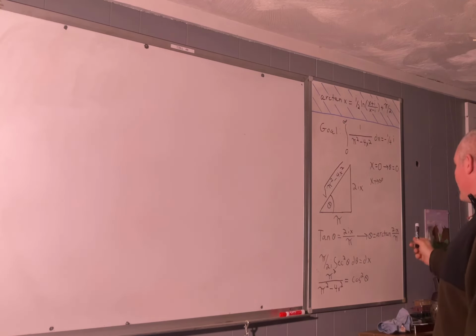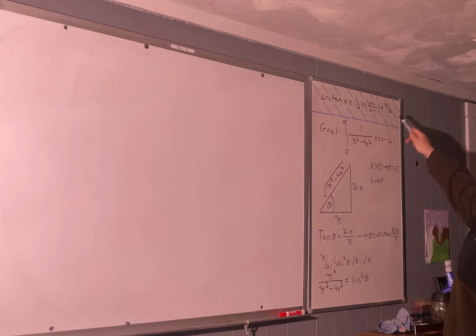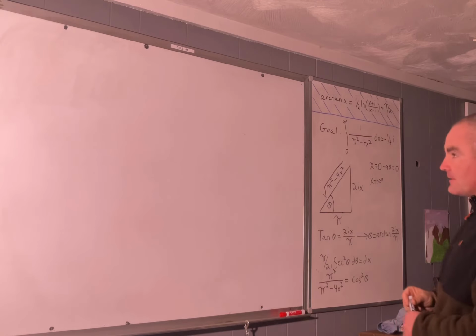But let's find out what happens as x goes to infinity of arctangent of 2ix over pi. So we're just going to plug in 2ix over pi into our derived expression for arctangent x.